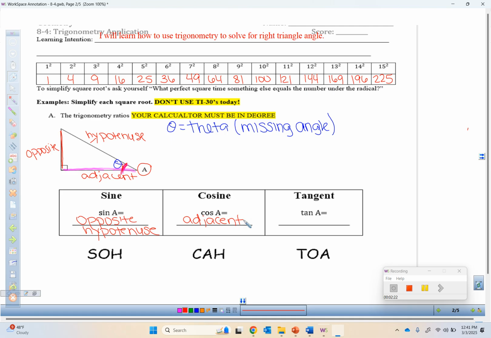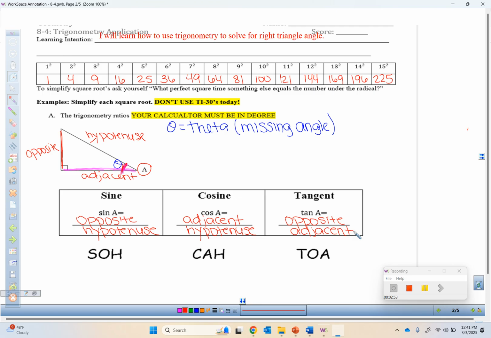But we're going to be using it again today, so it's good to review. So cosine is adjacent over hypotenuse. Okay. And then my tangent, this is the only one that doesn't have hypotenuse. So this is going to be opposite over adjacent.